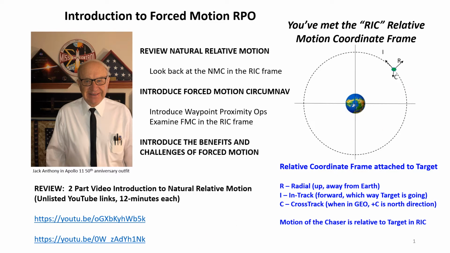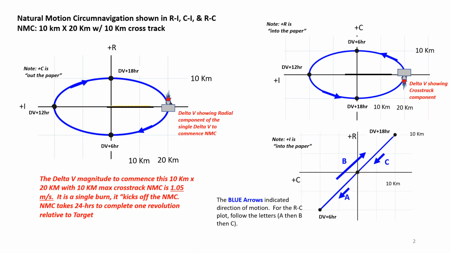So let's press on and review natural motion circumnav. Now you're probably looking at this and going, oh my gosh, what is all this? Well, it's a depiction of the natural motion circumnav in three two-dimensional senses in the RIC frame. What we concentrated on last time is this frame, the radial in-track.